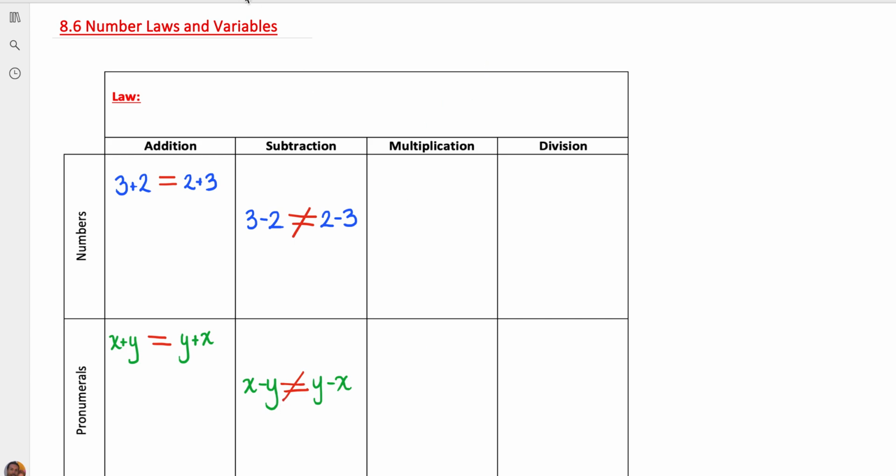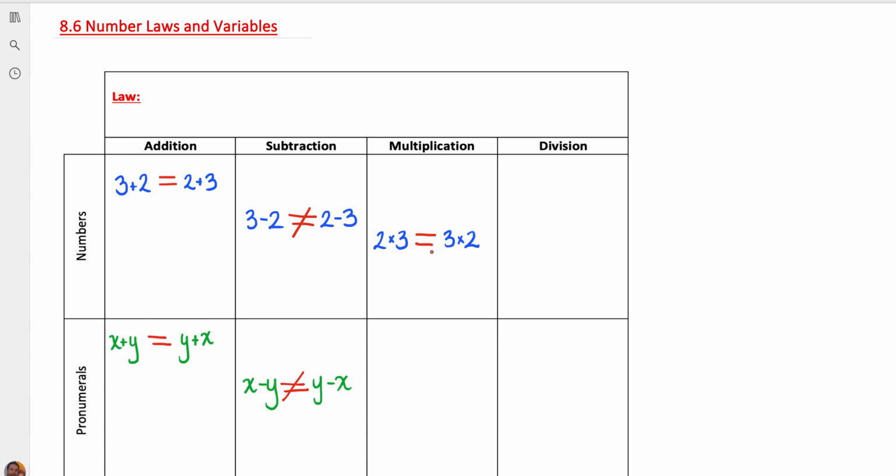Wonderful. Let's talk about multiplication. So if I have 2 times 3, is it equal to 3 times 2? I'm hoping that you're saying yes, because 2 times 3 is 6, and 3 times 2 is 6. It's one of the reasons why when we're learning our timetables, we just have to learn half of them.